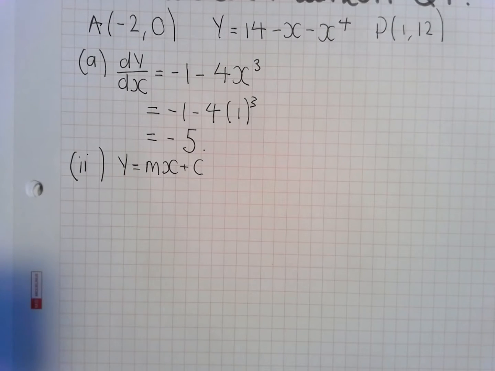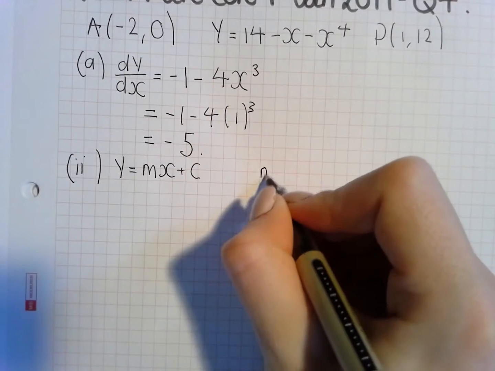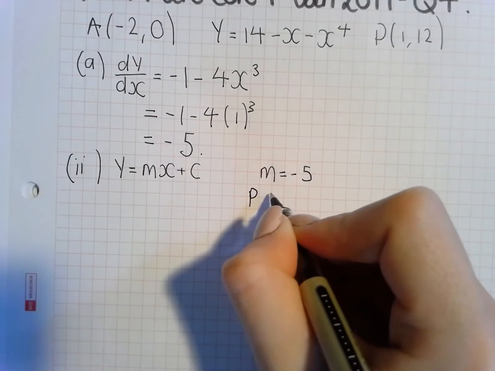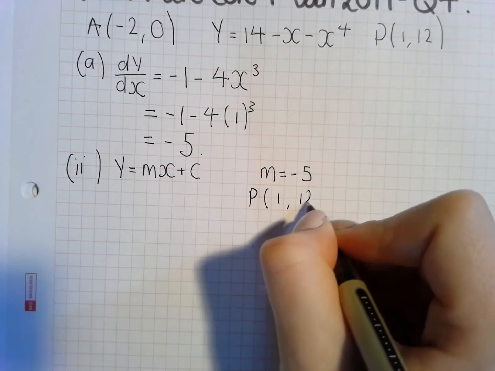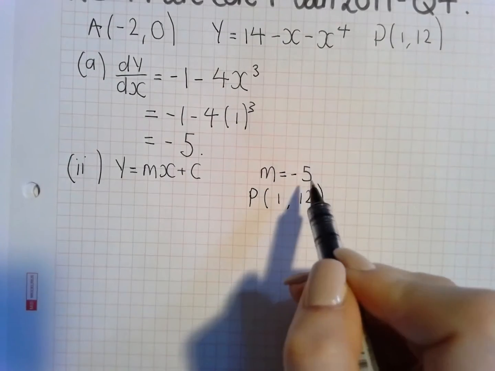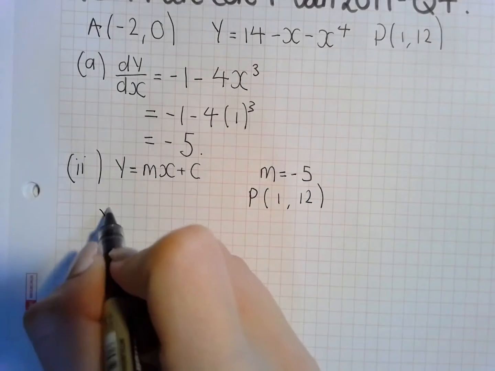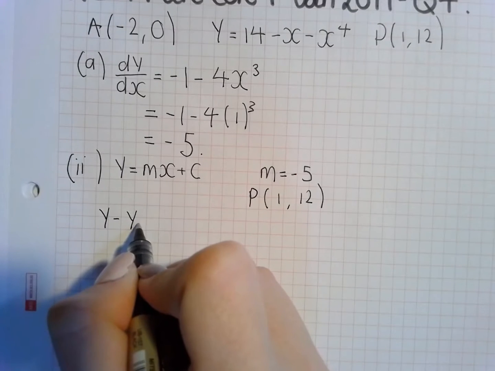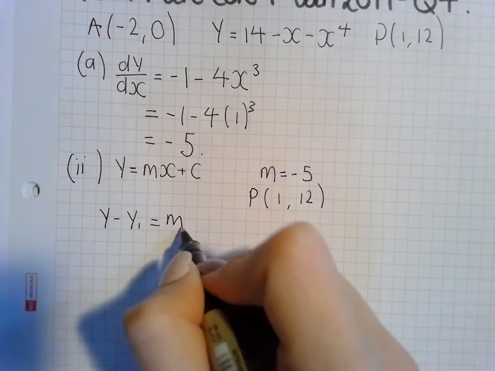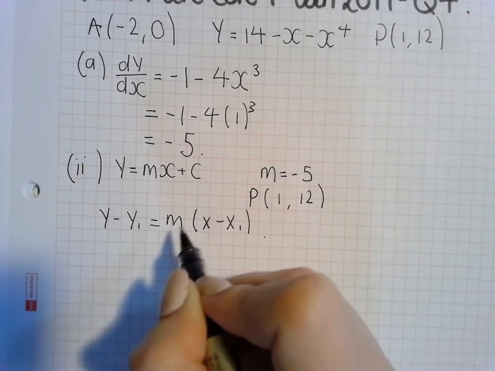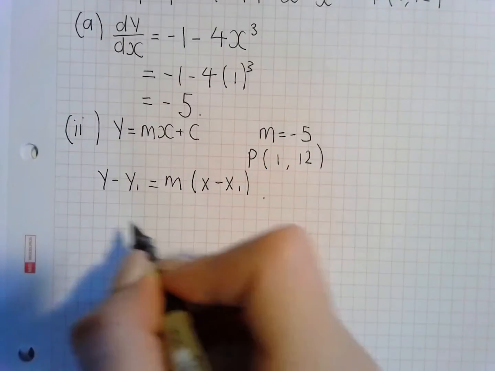For this point, we have the gradient, which is minus 5, and we have the point P, which is 1, 12. If we have a gradient and a point, then we can use the formula y minus y1 equals m times x minus x1 and substitute these into it. So let's go for it.